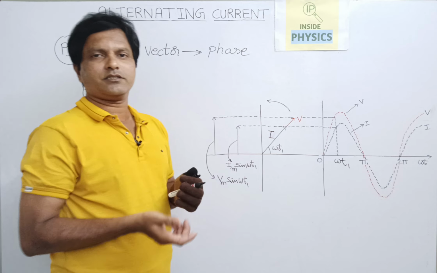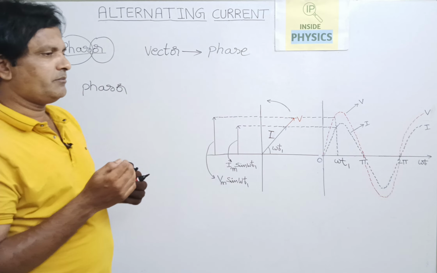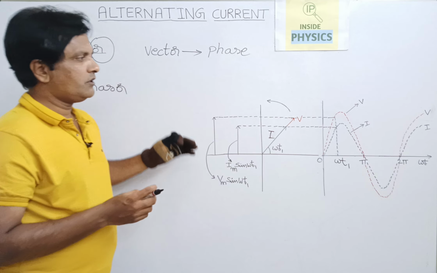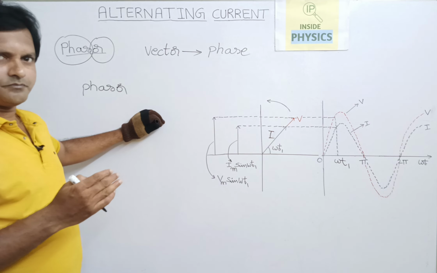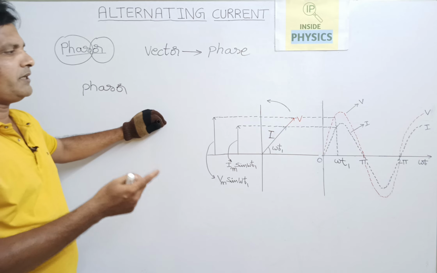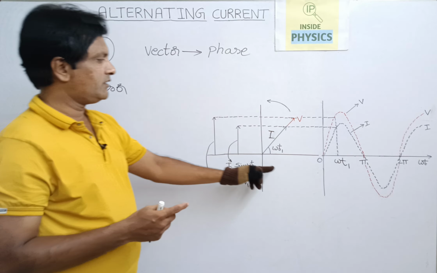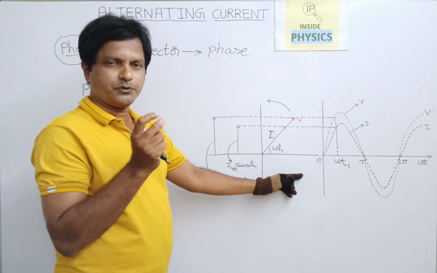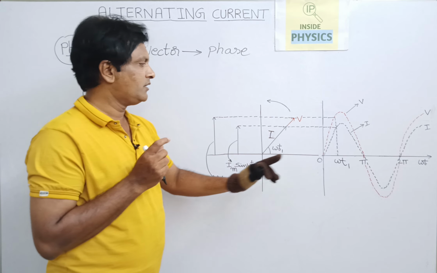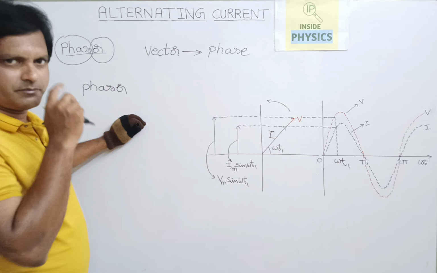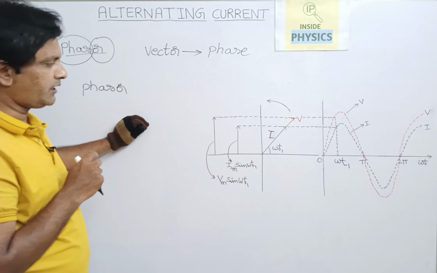If you take a capacitive circuit, the current will be in advance of the voltage, so there will be a phase difference in the capacitive circuit. Here, this is a circuit with only a pure resistor and nothing else, so there is no phase difference between voltage and current.